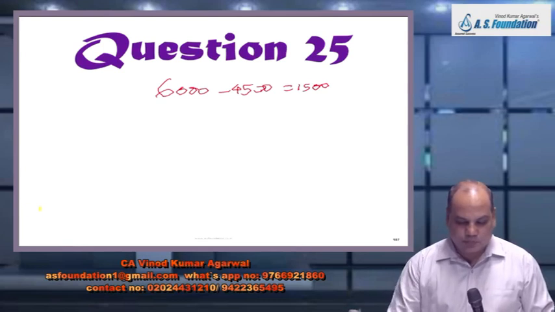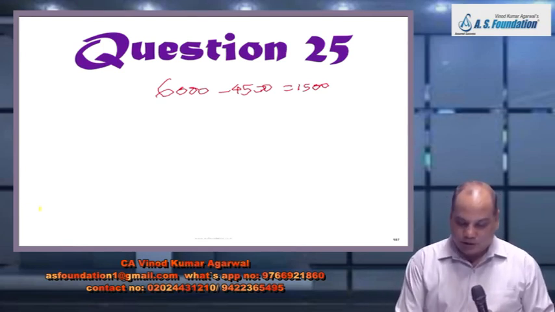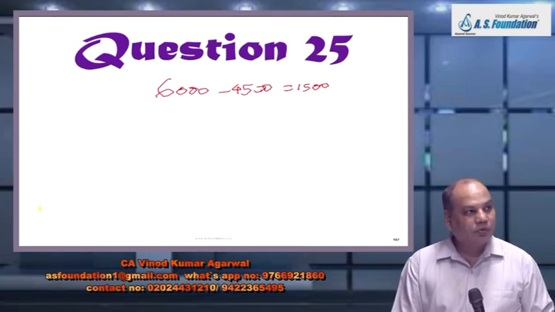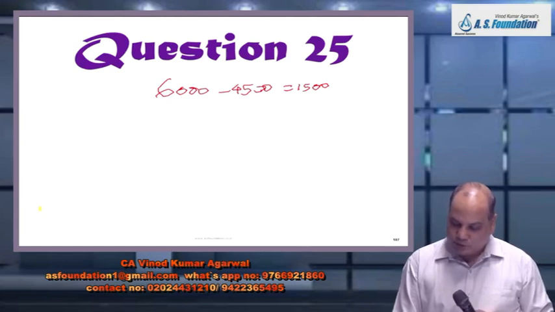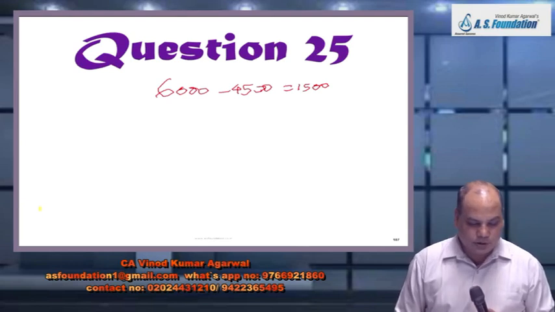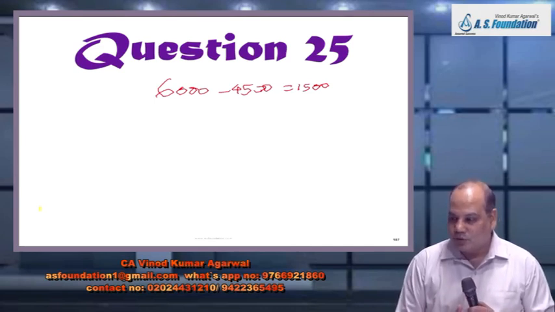Which means in our previous SOFP, the cash and bank balance, which was used to make the payment, will change. Add 1,500 to the cash and bank of the previous question. The previous cash balance of Blue Heavens was 1,500, but for this question it will be 3,000, because you are not going to pay 6,000 cash, you are going to pay only 4,500.